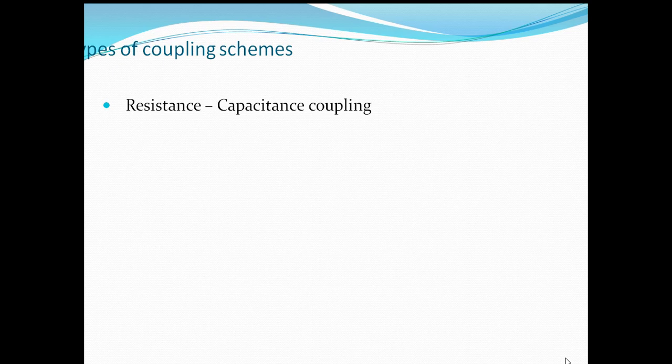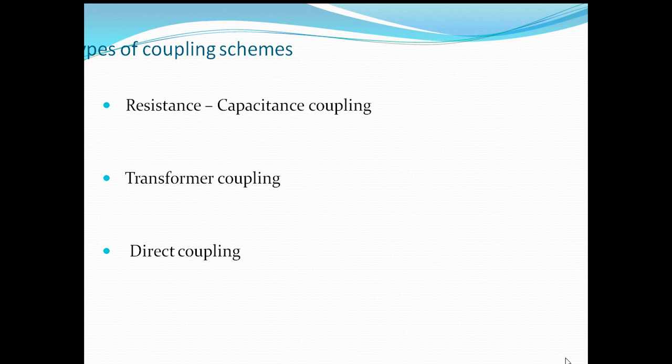Here, according to our syllabus, we have three coupling schemes. Those are RC coupling, transformer coupling and direct coupling. RC coupling means R stands for resistance, C stands for capacitance. Next, transformer coupling: a transformer must be used in order to couple with the next stage.